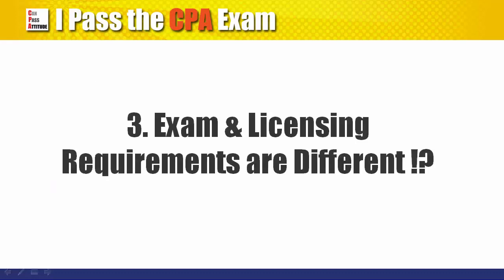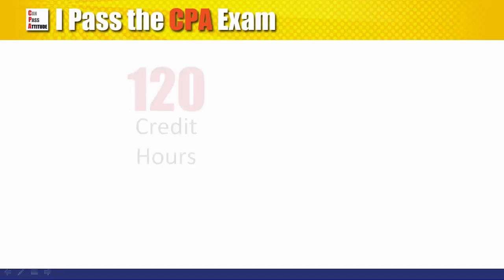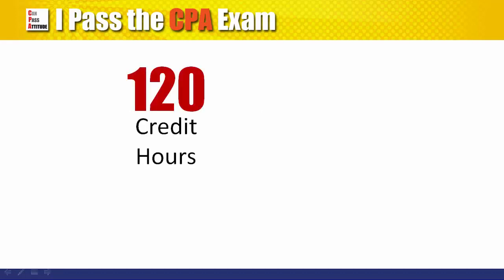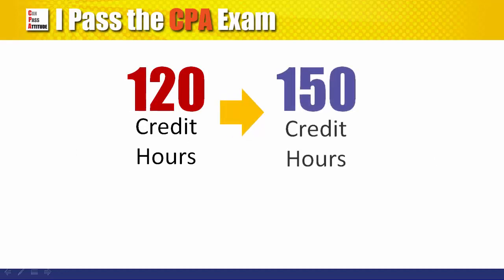Third, did not realize the exam requirements are different from the licensing requirements. Many states have step-up requirements when applying for the license. For example, many states only require 120 credit hours to sit for the exam, but 150 hours to get the license. As of 2014, there are 35 states that fall into this category.